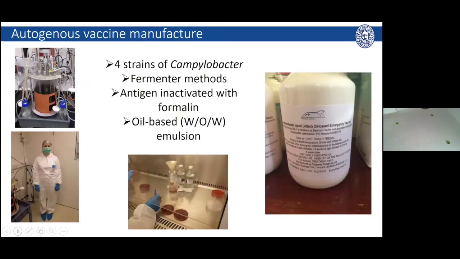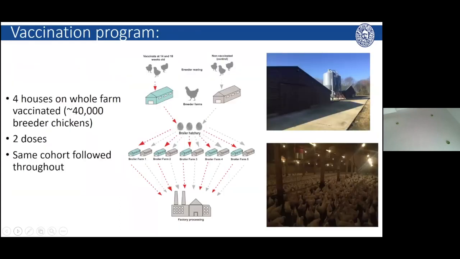So we made the vaccine. We used the 4 different strains, and they were grown up into huge quantities using fermenters. Then the antigen was inactivated with formalin. These were whole cell, and they were suspended in an oil-based emulsion. And then we vaccinated the birds.